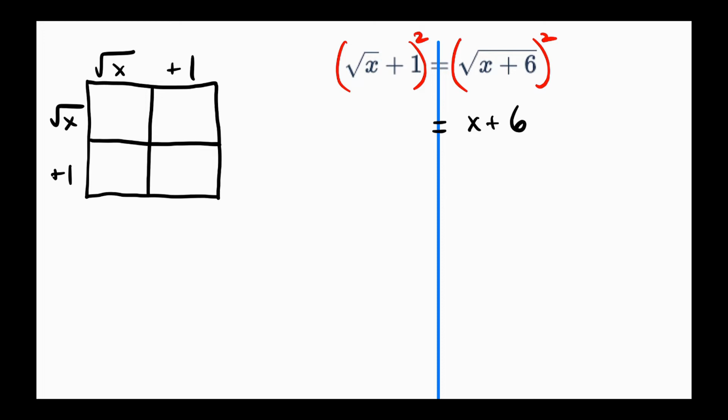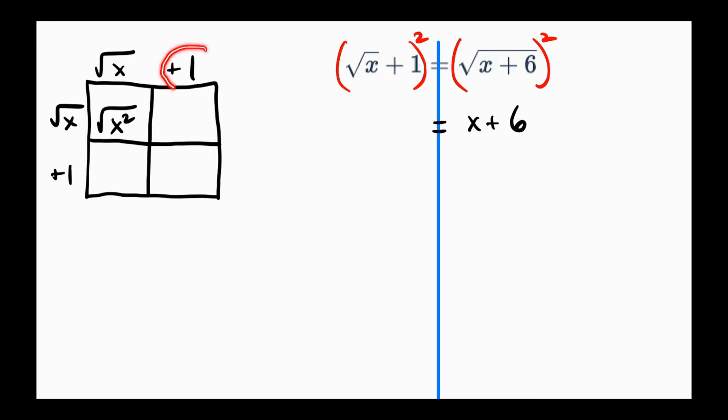The first thing: if I multiply square root times a square root, I just multiply what's on the inside. So x times x makes the square root of x to the second power. The next one is a positive 1 and a square root.